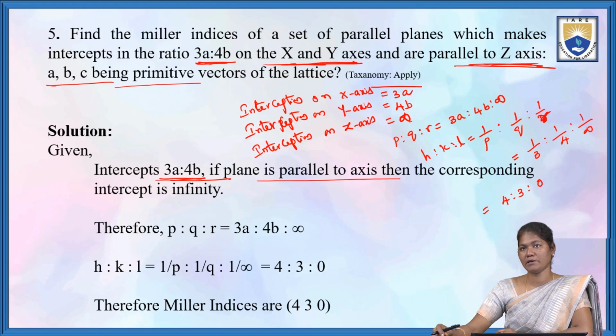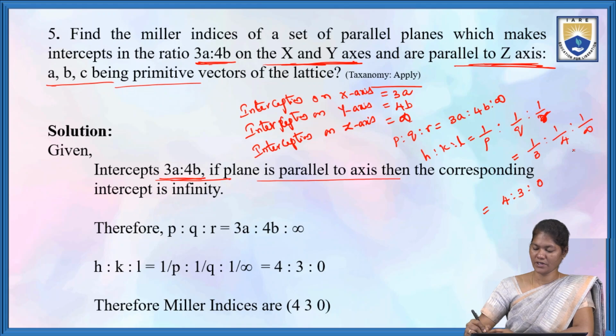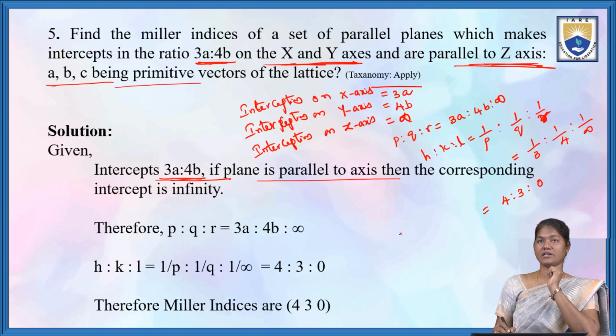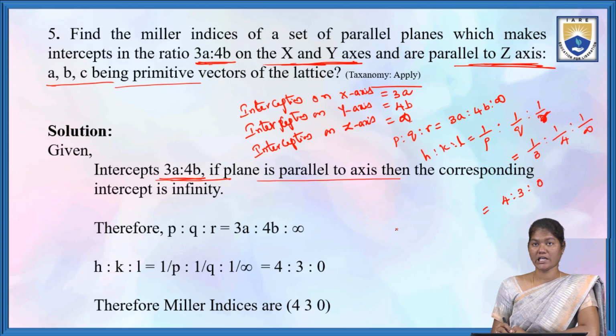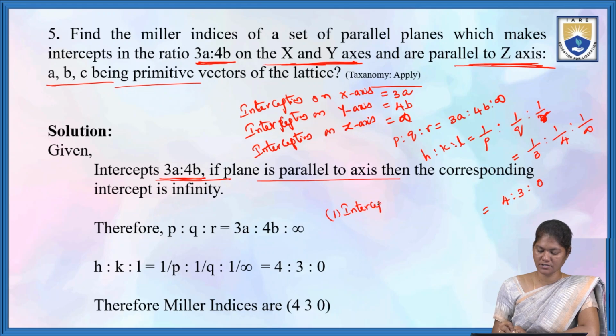So take the LCM. In the Miller indices, first we need to take the intercepts on the axes.